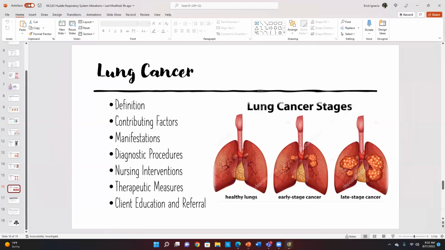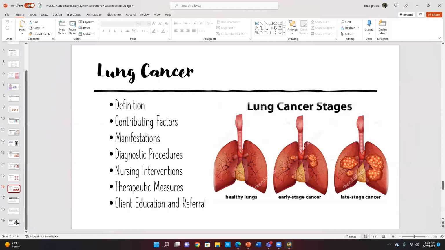Therapeutic measures taken for your patient that has lung cancer. Well, palliative care, medication, managing that pain, thoracentesis can be performed to remove excess fluid. Surgery can be done to actually remove the tumor. It's called tumor excision.